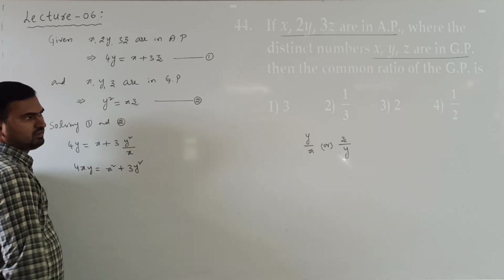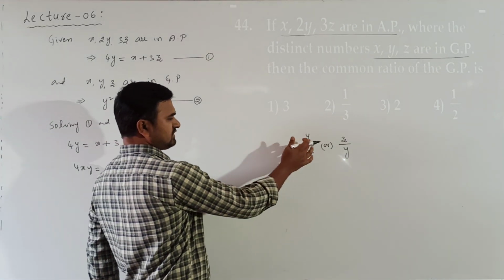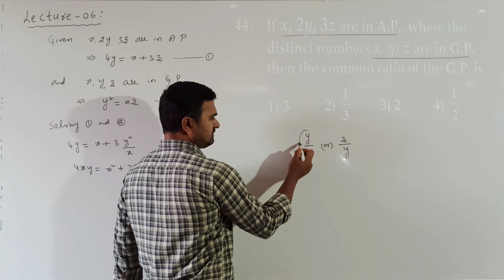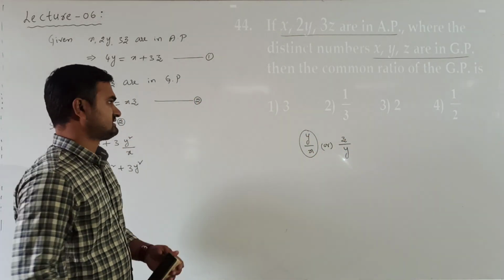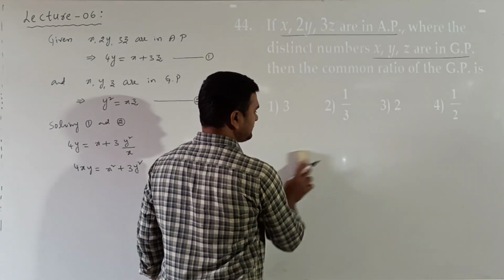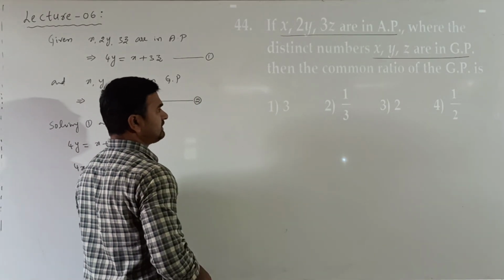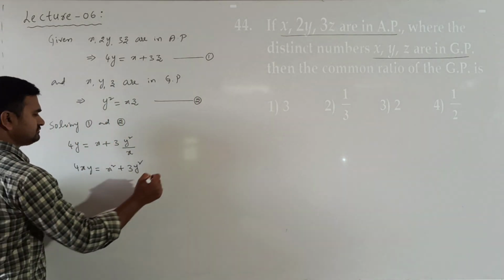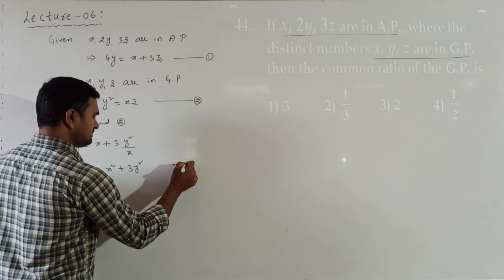Now we need the common ratio, that is y by x or z by y. Now I will use this y by x. So let us take the common ratio y by x equal to r.